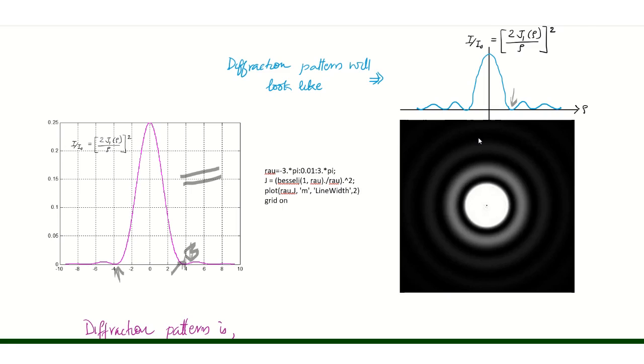These are actual values, the second value, and so on. And if you look at the intensity pattern, this is how it's going to look. This is the intensity pattern on the screen. You see you have a central bright disk surrounded by a dark fringe. Okay.